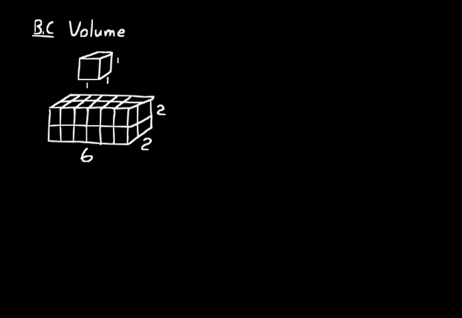And so now it looks like 24 1-cubic-inch cubes. So when you think about volume, you can think about how many cubes you can fit into a particular geometric solid.